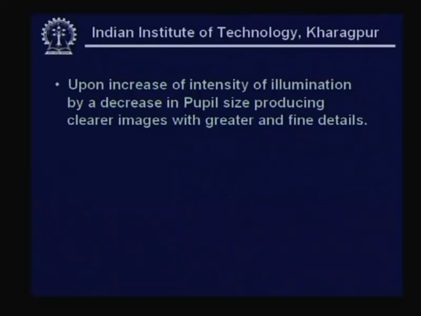Now, whenever there is an increase in the intensity of illumination, what happens? The pupil size decreases, so that you get clearer images with greater and fine details. And fine details would mean which set of nerves are responsible?